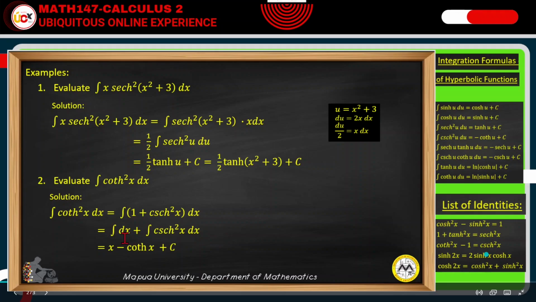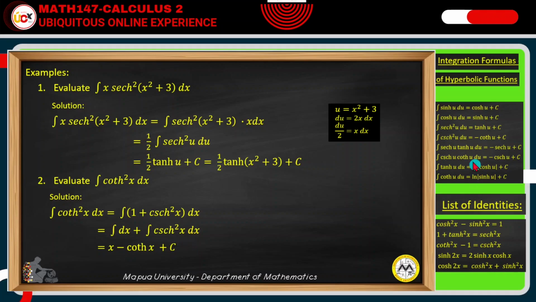Recall in the discussion of the basic integration formulas, the integral of dx is x, and the integral of hyperbolic cosecant squared u du from this table is negative hyperbolic cotangent u plus the constant c, where u is x and du is dx.